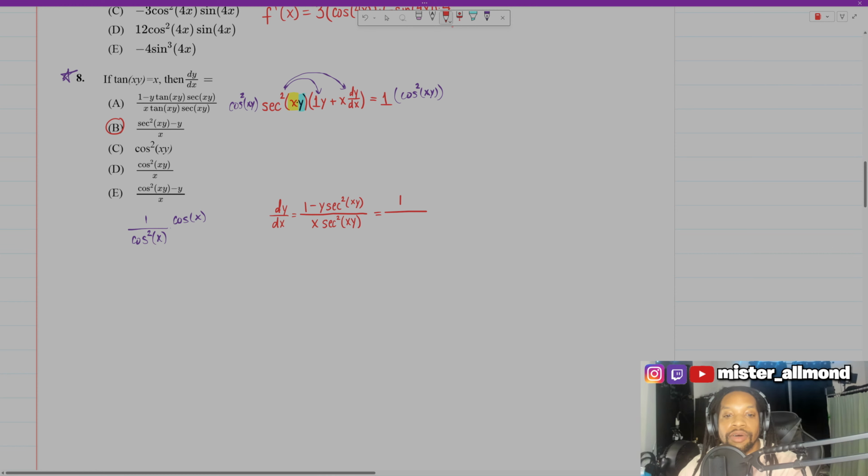This will be 1 over x secant squared of xy minus my other term in my numerator, which is y secant squared of xy, all over that same denominator, x secant squared of xy.